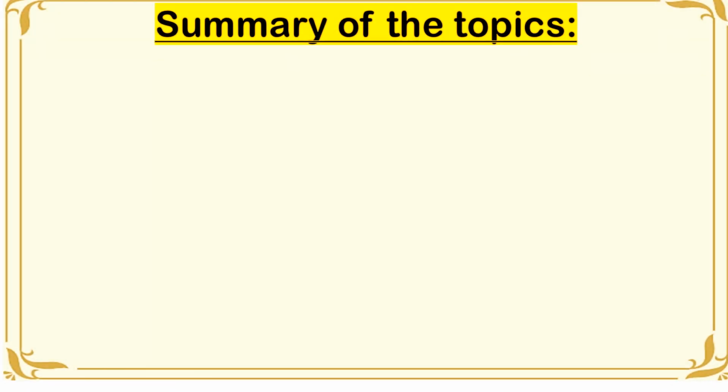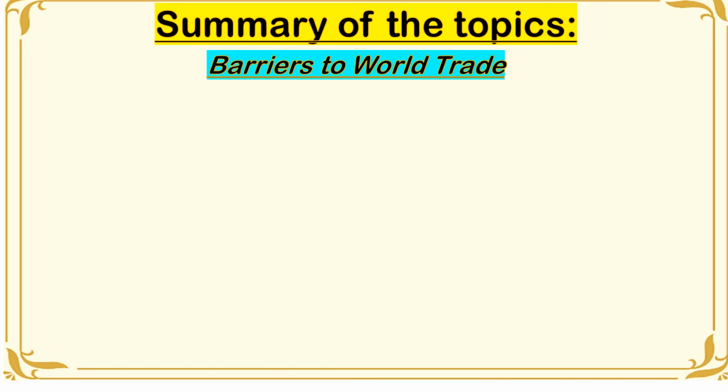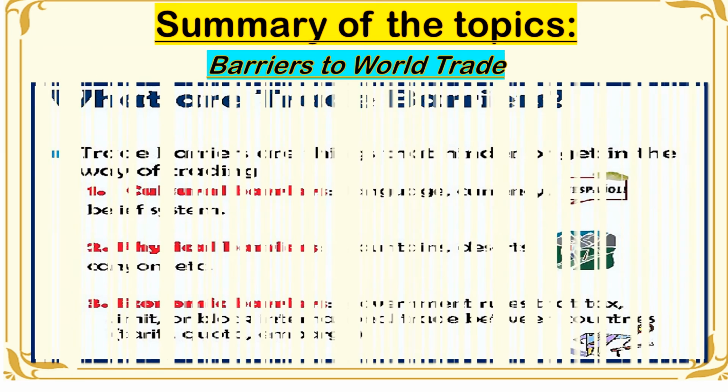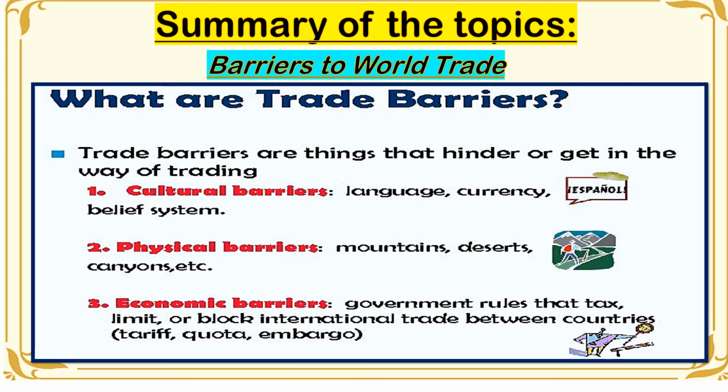Now, class, to summarize the topics that we have just discussed, it's about the barriers to world trade. What are trade barriers? Trade barriers are things that hinder or stop us, or get in the way of trading. There are three types of barrier, class. We have cultural barriers, which talk about language, currency, belief, and system.